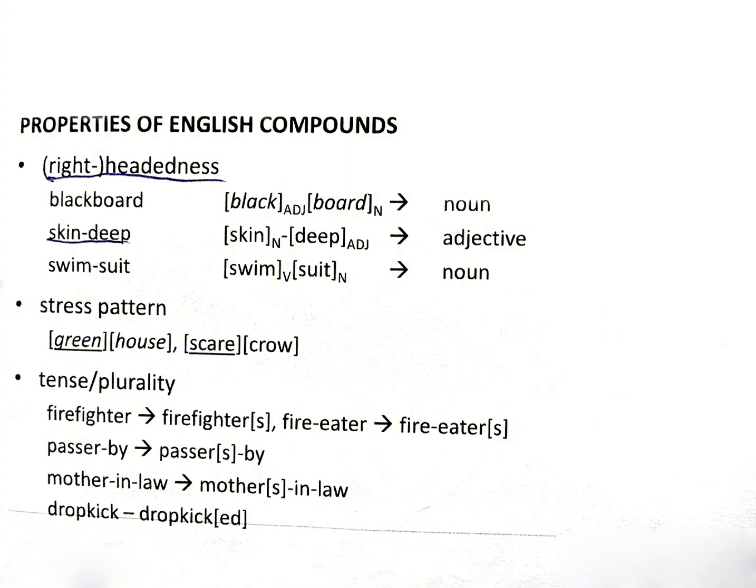In this case, let's take the word greenhouse. You put the stress on the green. Scarecrow, right? You put the stress on the scare. So it's pretty much straightforward regarding the stress pattern, right?